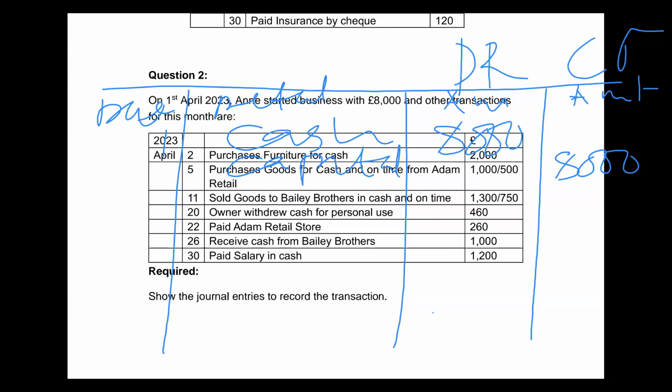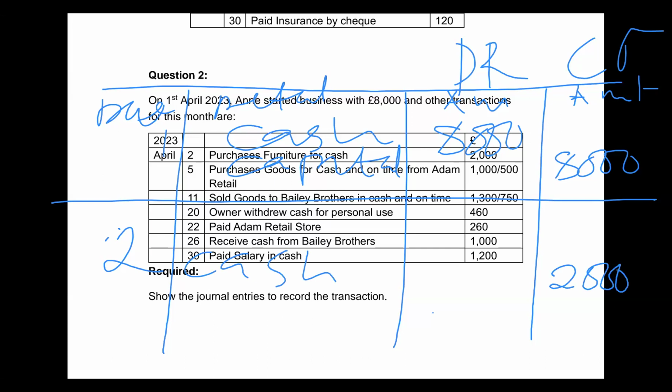If you want, you can even write the second one from here. The second transaction: purchases furniture for cash. What is happening in the cash account? Which account is credited? The cash account is being credited. The cash account is giving 2,000 to furniture.